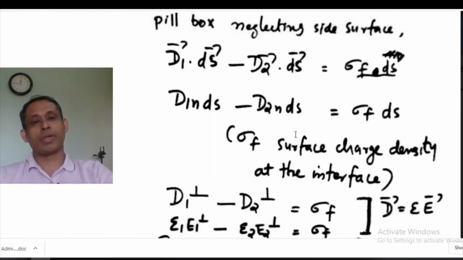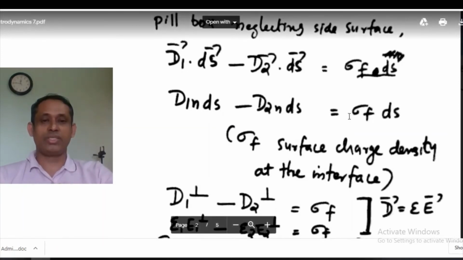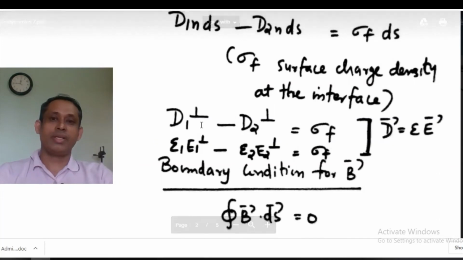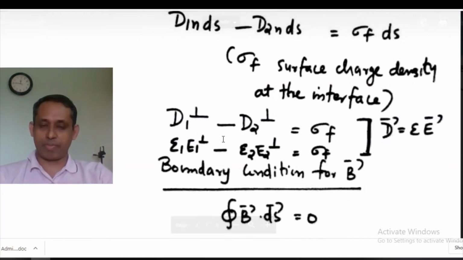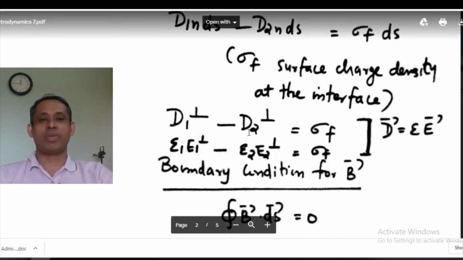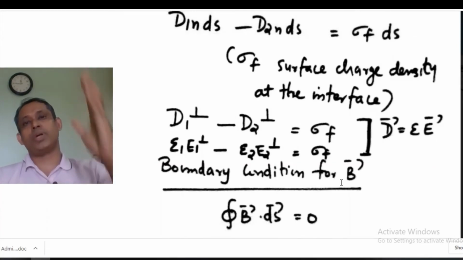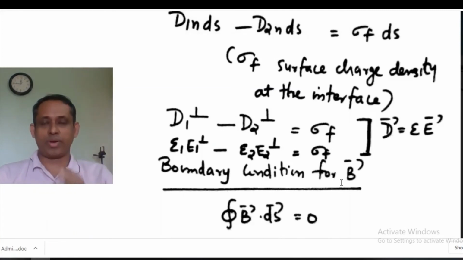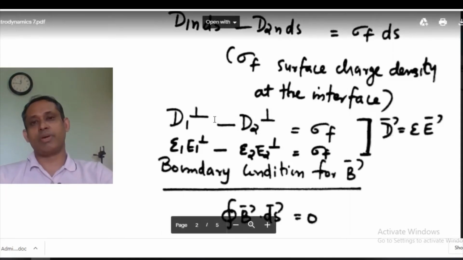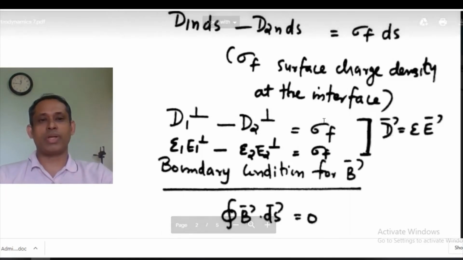So we can cancel this dS. D1n can also be written as D1 perpendicular, and D2n as D2 perpendicular. N stands for the normal component, normal to the boundary. So D1 perpendicular minus D2 perpendicular is equal to sigma f.